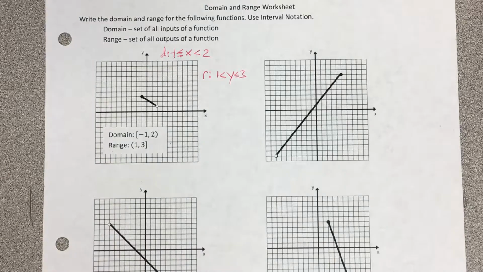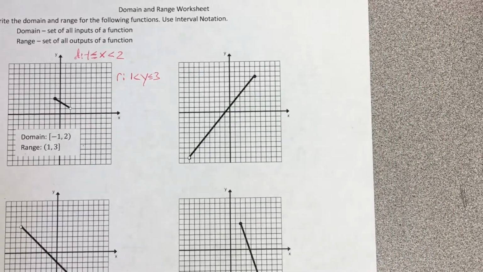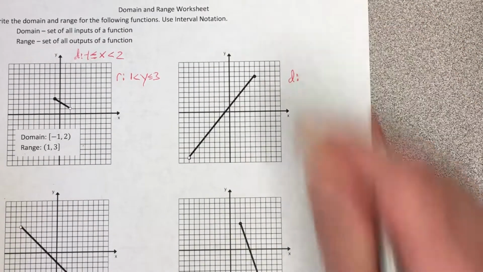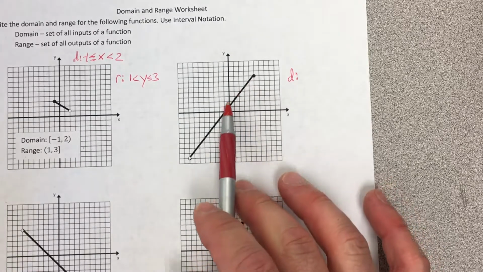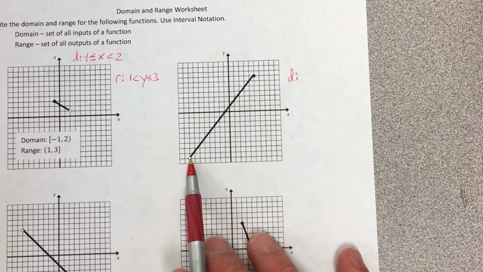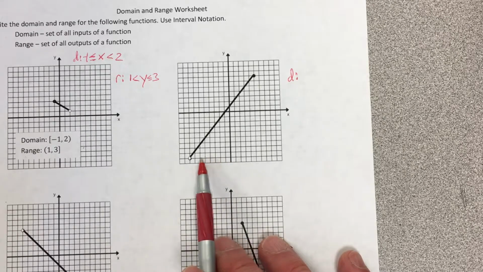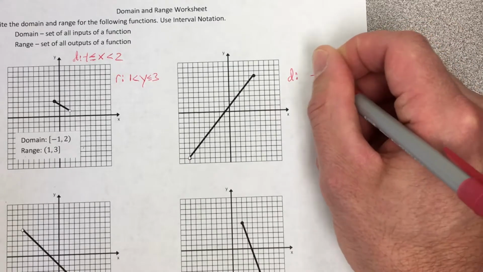So let's try this on our next example and see how we feel about it. Our domain, again, is our x values. So we're going to look for our smallest x value. Our smallest x value is -1, 2, 3, 4, 5, 6, 7, 8. So I write -8.